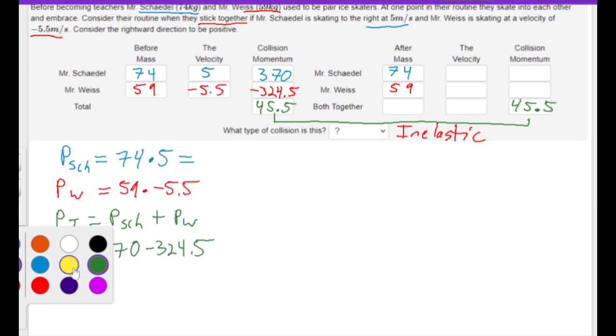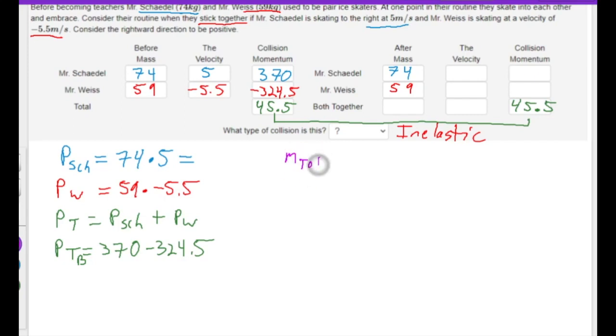Next, I can start filling out these boxes over here. So since they're stuck together, I need to figure out their total mass now. Their total mass is going to be the masses added together. So that would be 74 plus 59. When I add those two things together, I end up with a total mass of 133. Now that I have the total mass and I have the total momentum, I can solve for the velocity which they have when they're stuck together.